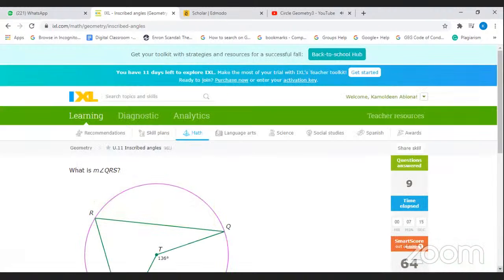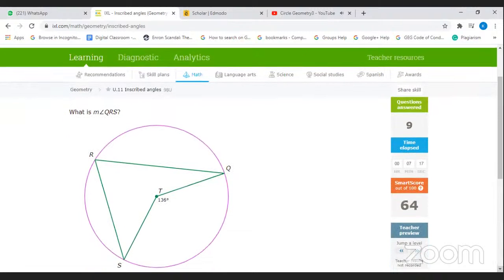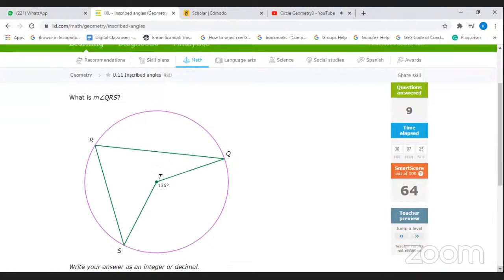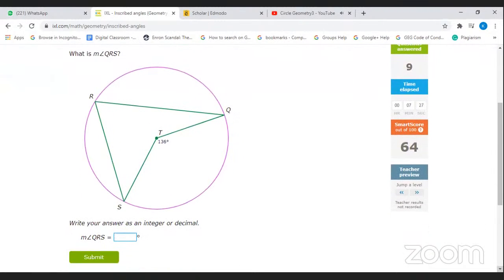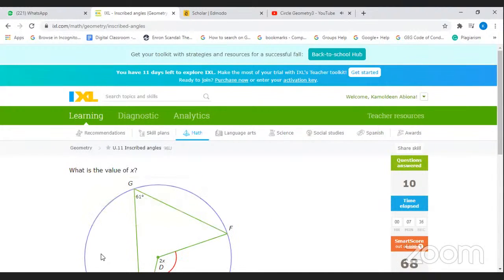So here we want to find QRS. This one is very simple. Half of the center is the circumference. That's 68. Yeah, 68. You can see the way they have asked it now.